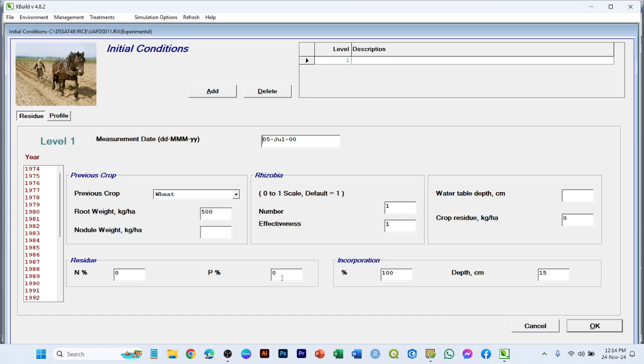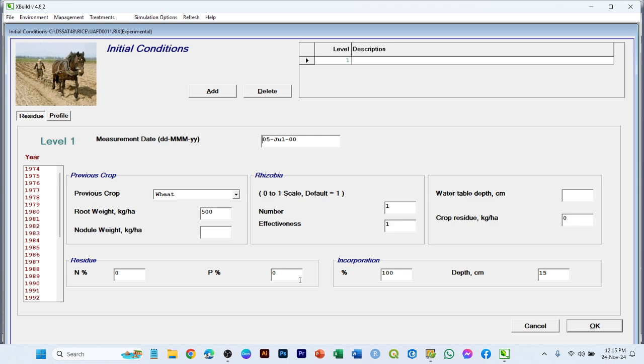So that is the number and effectiveness, or water table, depth, crop residues in kg per hectare. Again, this is about soil texture experiments. And also, what is the incorporation? Incorporation means whether the residues are properly incorporated in the soil or just left on the ground. You have to mention incorporation because some experiments are zero tillage experiments.